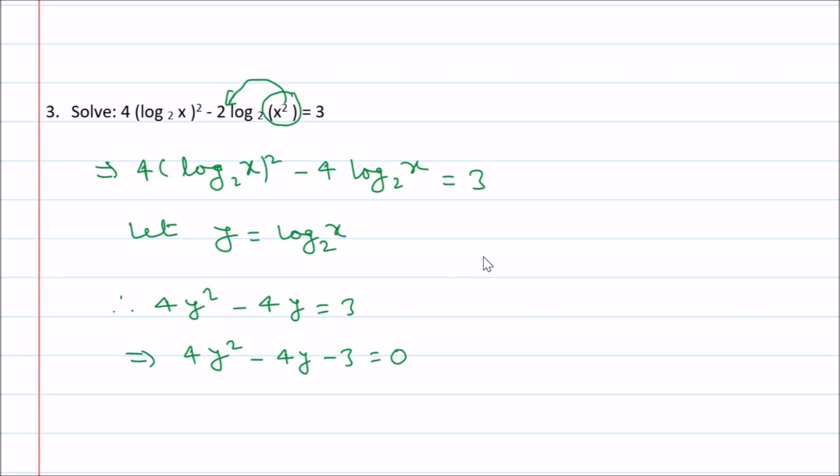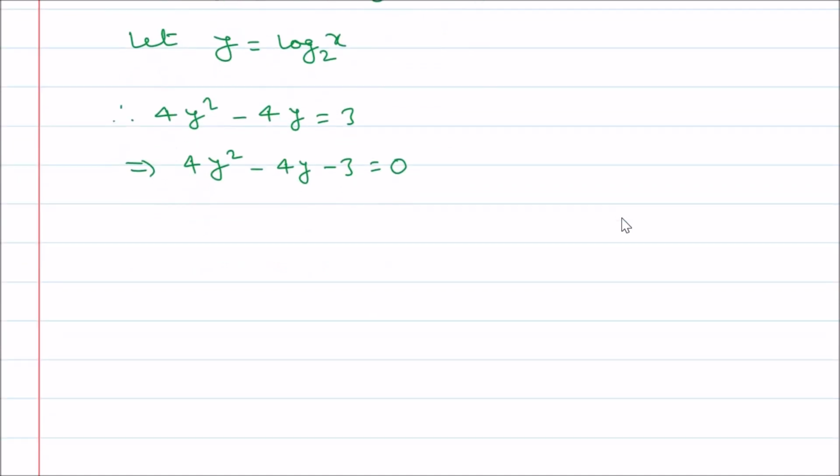Now we have a quadratic in y, so we can solve for y first using the quadratic formula or using the factorization method. So I will be using the factorization method here.